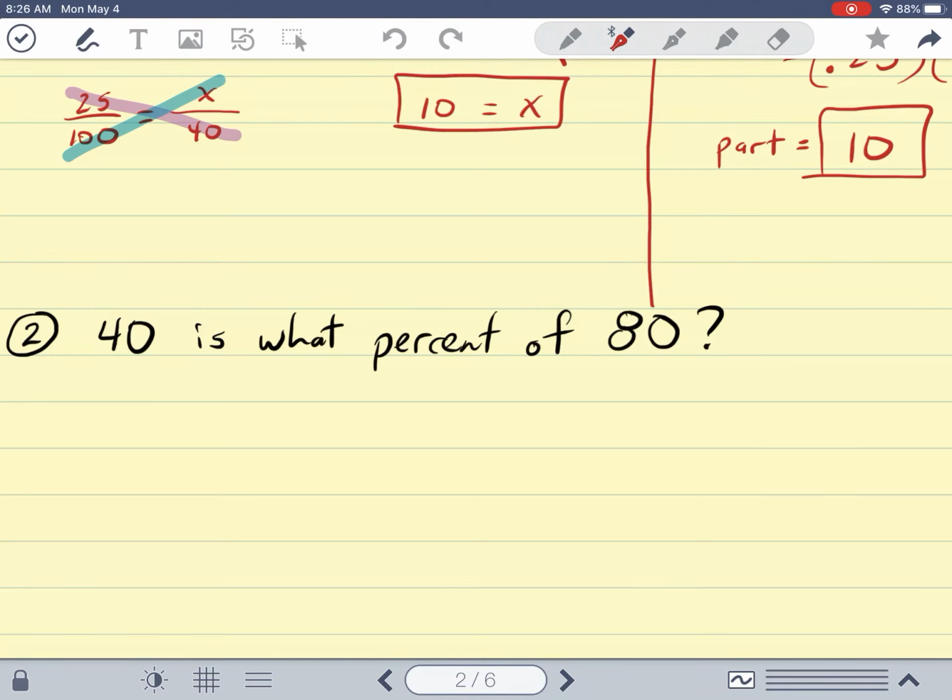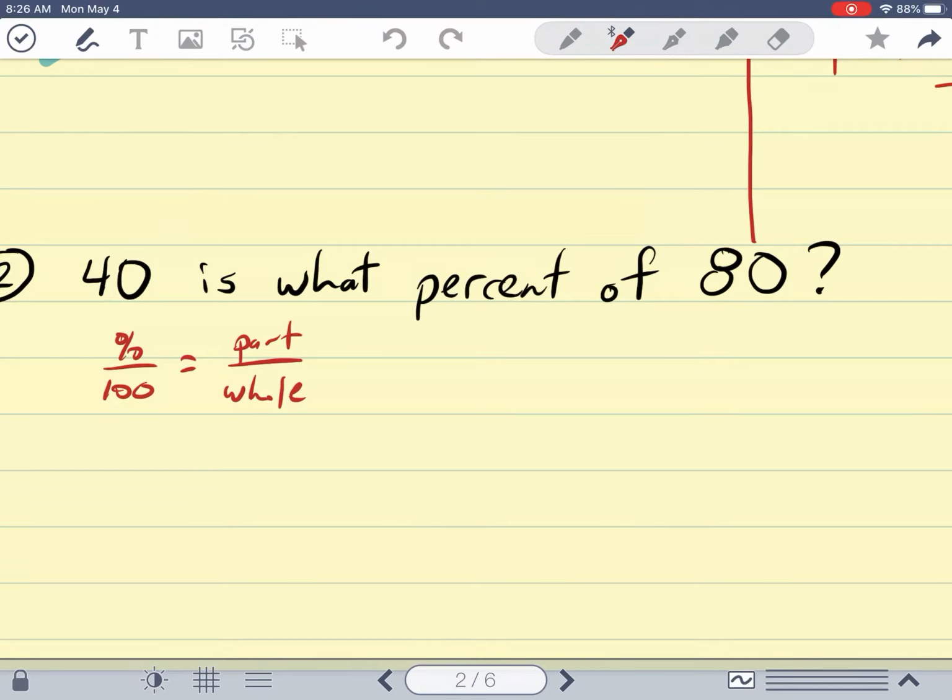So you're going to go back and look at the same proportion setup. Percent over 100 is equal to part over whole. Sure is messy. I'm going to try that again. Percent over 100 is equal to part over whole. That wasn't a whole lot better. All right, good.